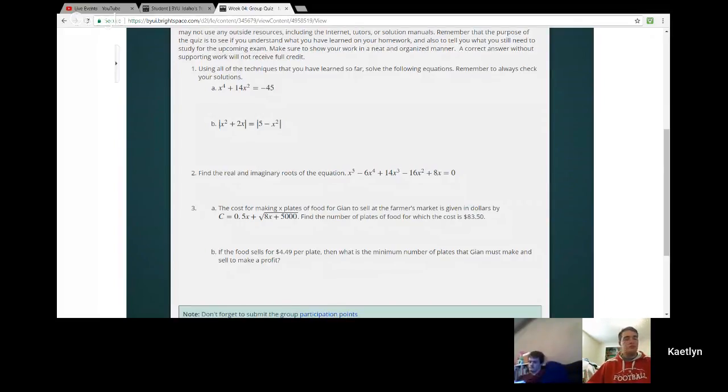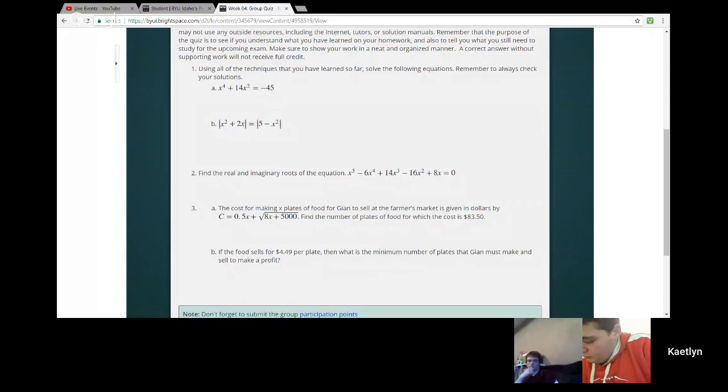Two values. Yeah. So you're gonna have, again, two equations because of the absolute value, but we're gonna want to get everything to one side.